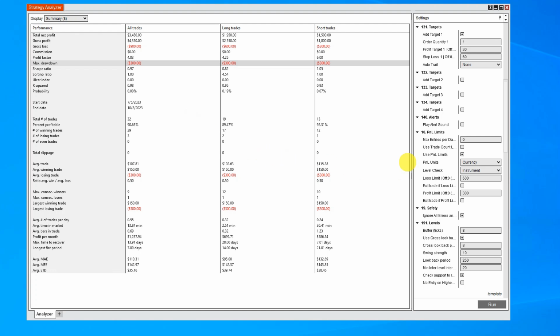So what this has done is prevent us from overtrading, and it's kept a daily profit goal in place for us. As you can see, this didn't have to work nearly as hard, a lot fewer trades, a lot less work to get to a better profitability.